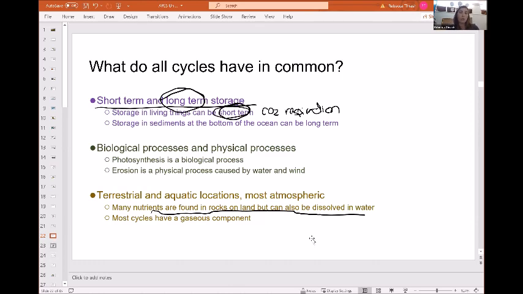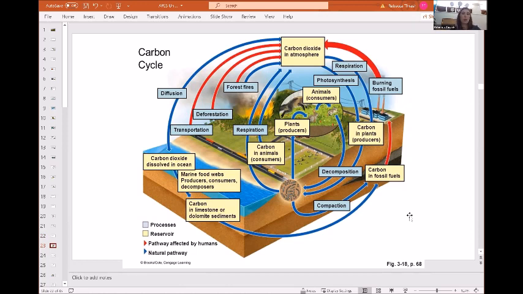So let's look at the carbon cycle. I'm going to be mostly talking about this from a human impact point, but if you are studying for the AP exam, I would highly recommend going back and looking at each one of these cycle diagrams until you can see it in your mind. Okay, so these are our natural pathways, right?